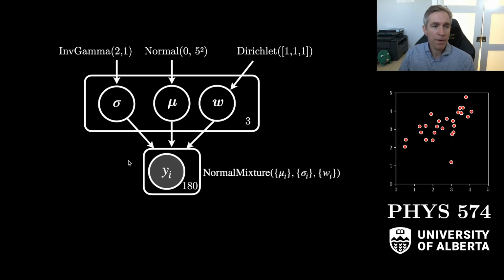Graphically, we describe this by saying we have a collection of 3 models that each have their own variance and mean, and we've picked a prior on the mean with a standard deviation of 5. That means the means of the distribution can go end to end of the observed data.